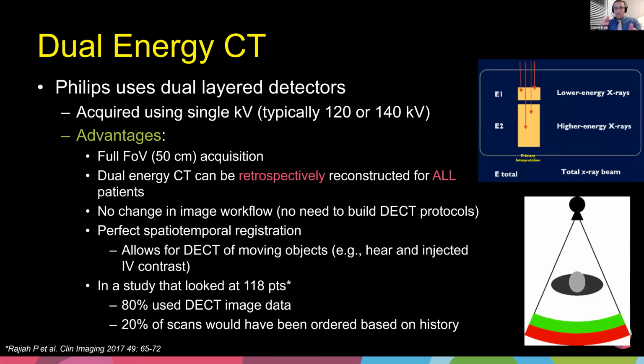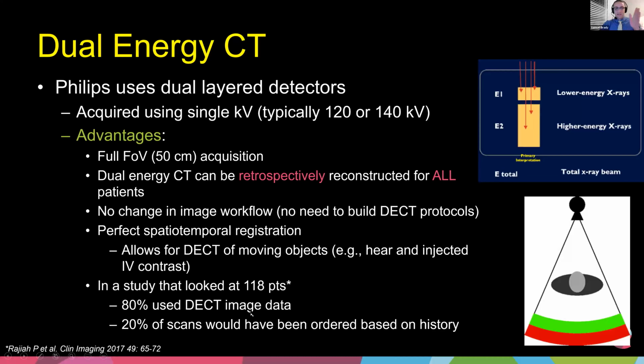Would you use the dual energy information, or would you simply stay with the single energy traditional looking image? Of those 118 patients, the radiologists felt that they needed more dual energy information than just the simple gray and white image. So 80% of those actually used the dual energy CT image data.